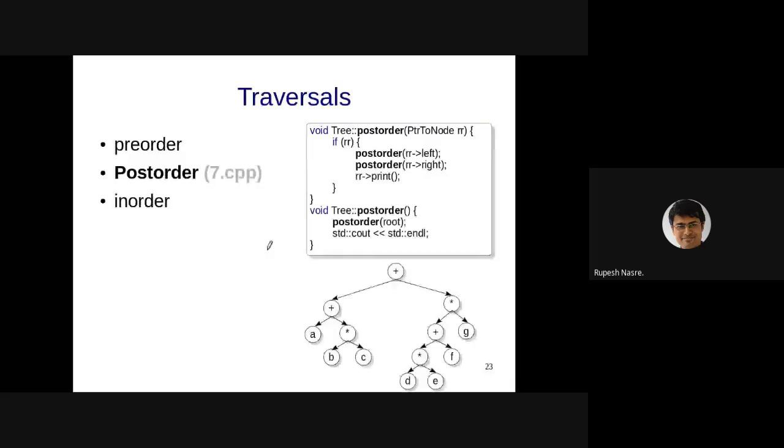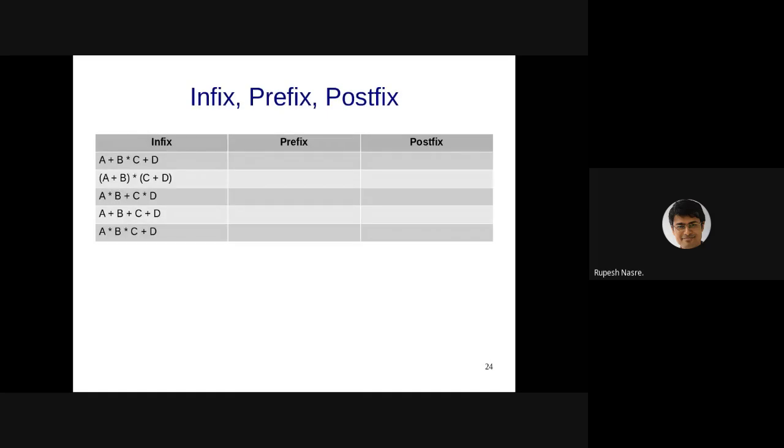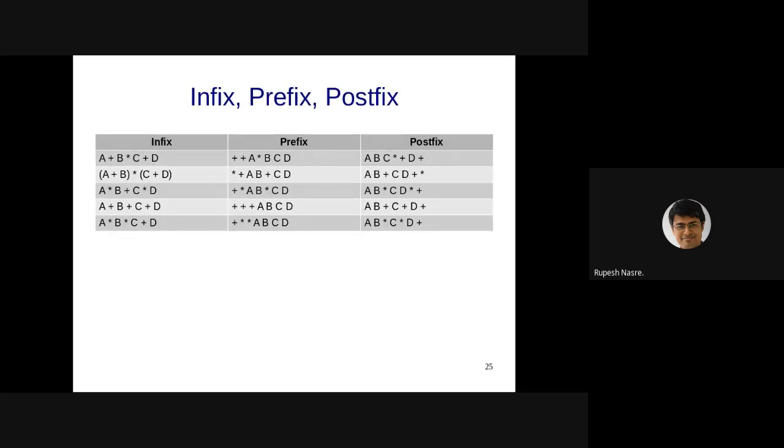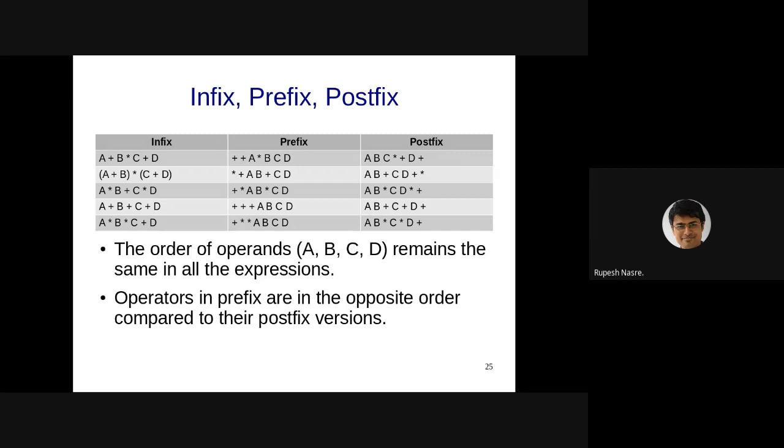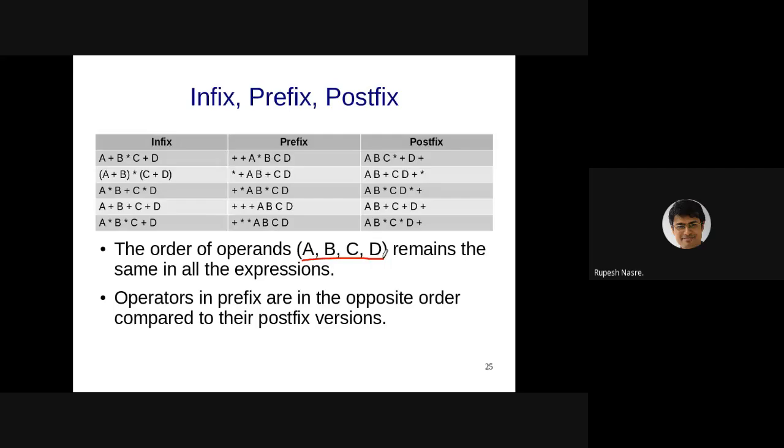Okay, so our post order traversal looked similar, and for this we should have gotten this. That is what we got. Operator precedence was encoded in this. We have done infix, prefix, postfix, so I'm just going to show that. We also noted some properties: the order of the operands, that is the A, B, C, D, remains exactly the same in infix, prefix, and postfix.